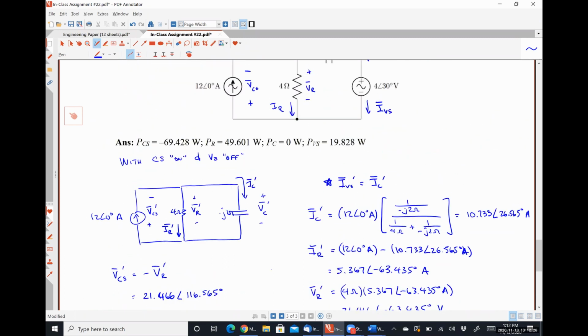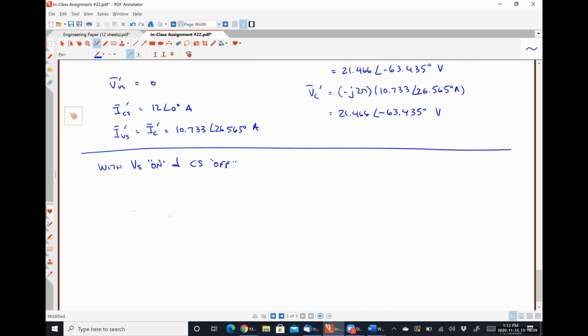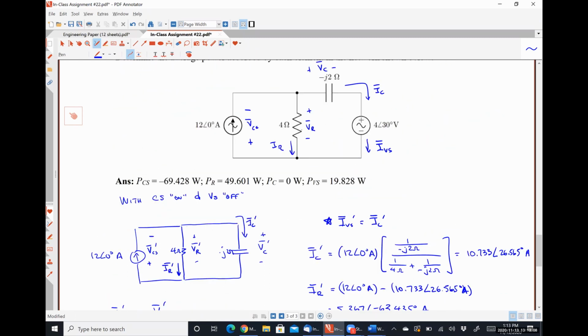And so that's going to be the value of that guy, 4 angle 30.